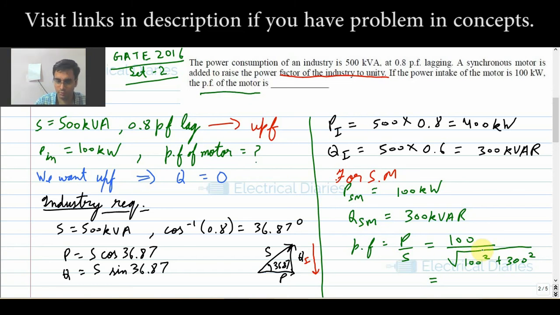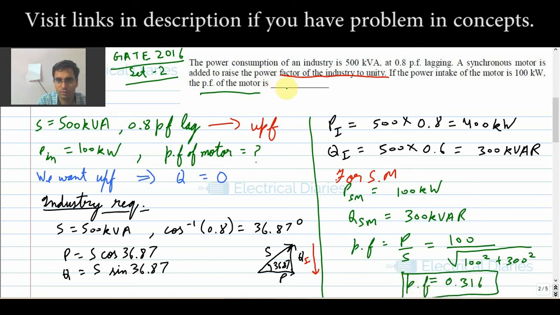On solving, root of 100 square plus 300 square, and 100 divided by this is 0.316. So your power factor of the motor is 0.316. That is how you approach this question.